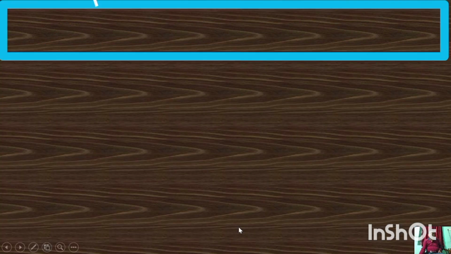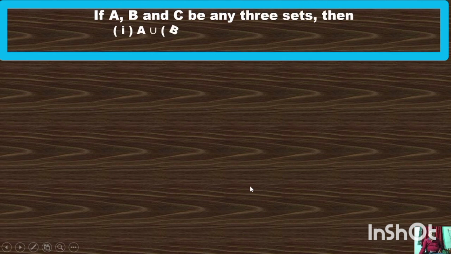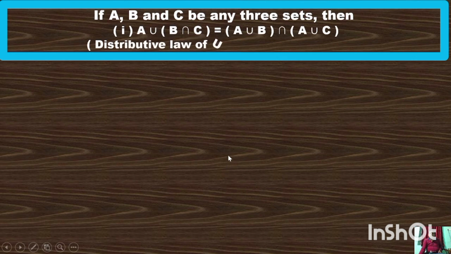Let's see. If A, B, C are any three sets. First, let me prove the distributive law of union over intersection.